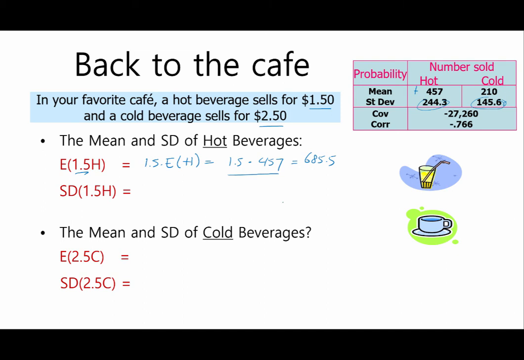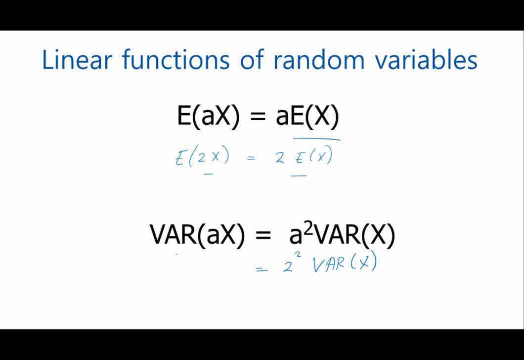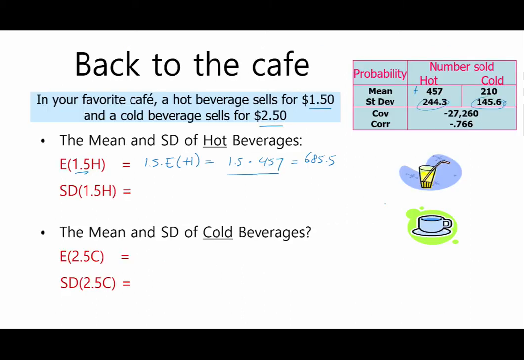Now, looking at the formula on the previous slide, variance of aX is a squared times variance of x. How would we do this here? Basically we have to go from the standard deviation to the variance first. So instead of 1.5, we're going to use 1.5 squared times the variance of hot drinks.